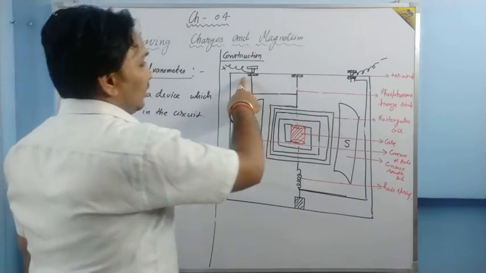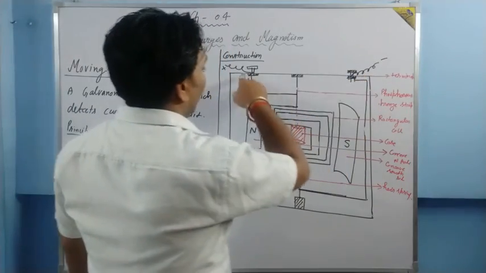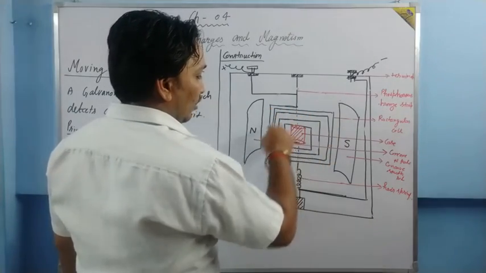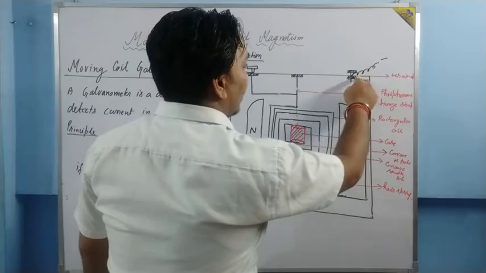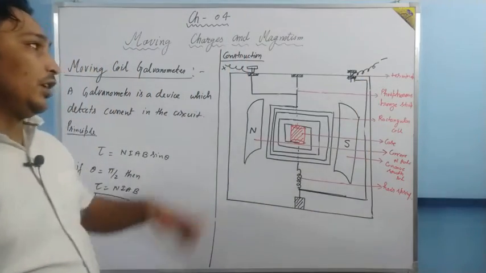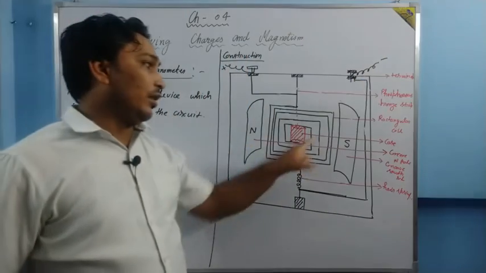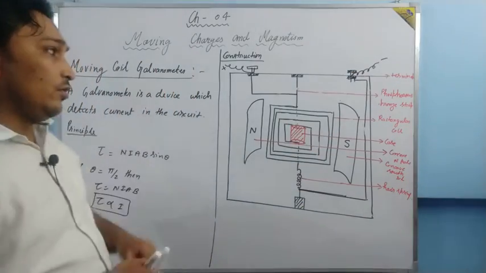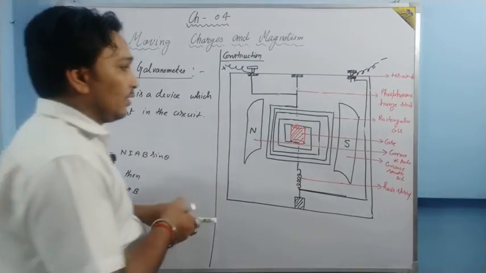One terminal is here, one terminal is here. From this terminal, a rectangular coil is connected, and the other end of the rectangular coil is connected to the other terminal. So when we supply current, it goes into the rectangular coil and then goes out from this point.